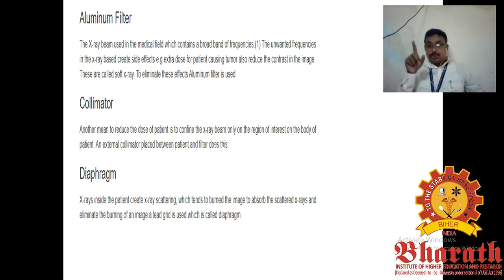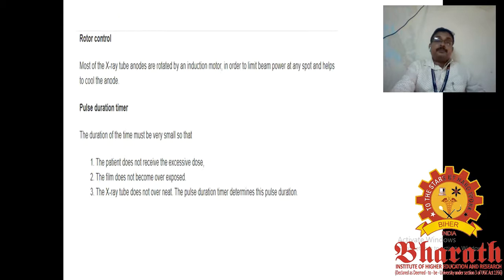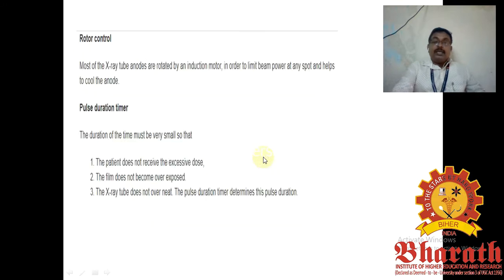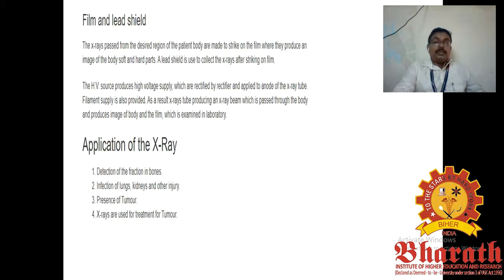This is the last stage, after the patient crosses the X-rays, which are collected in the Bucky diaphragm, a lead sheet, the entire structure. So the scattered rays will not be sent outside easily. Instead, you collect the scattered rays through the lead shield. So that is about the diaphragm.